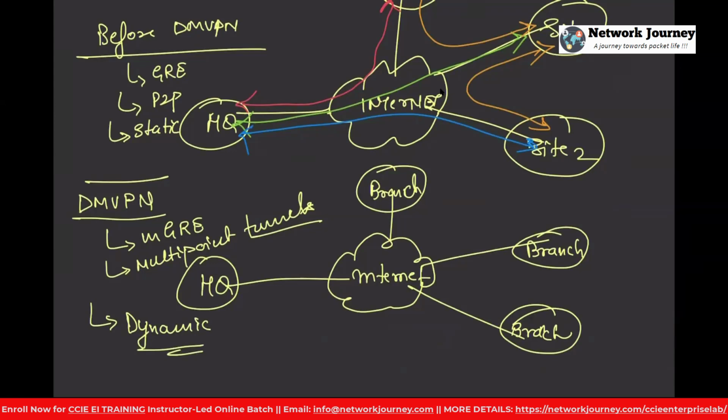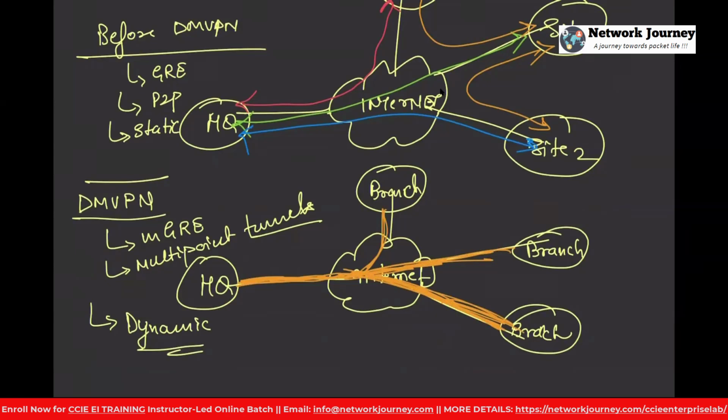So from one point you now have tunnels to different sites. You will have only one tunnel interface here, which is going to different sites. This is known as a multi-point tunnel.